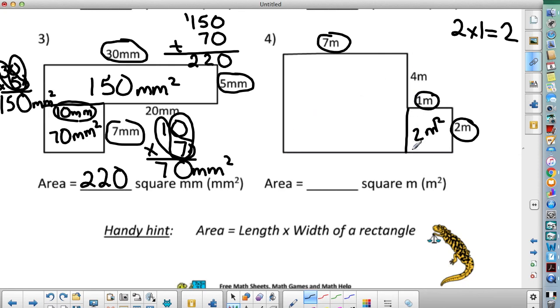So that means if from there to there is 4, that means on the other side from there to there is also 4. And if from here to there is 2, that means from there to there is 2. So that is actually 2 plus 4, and that will give us the length of the bigger side, which is 6. So I'm going to erase that. So I'm going to just put 6 meters.